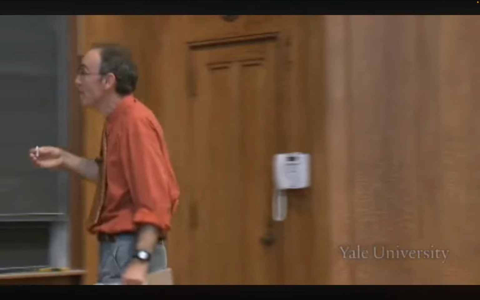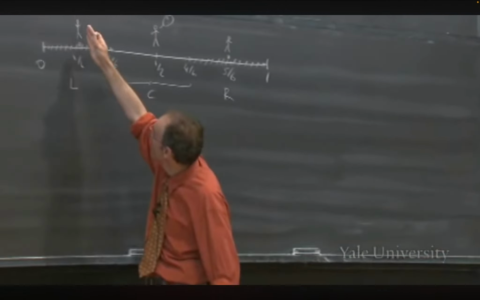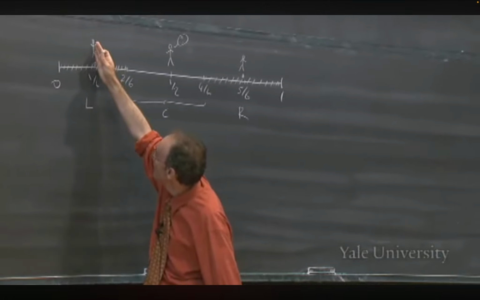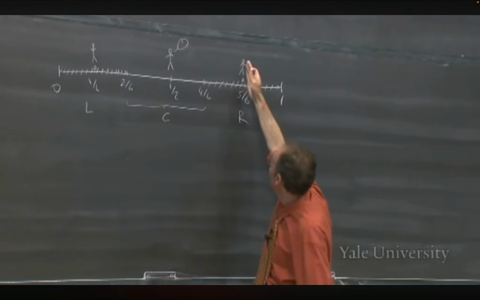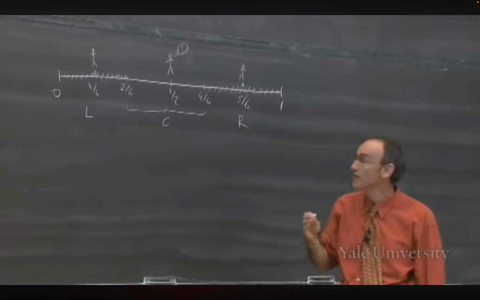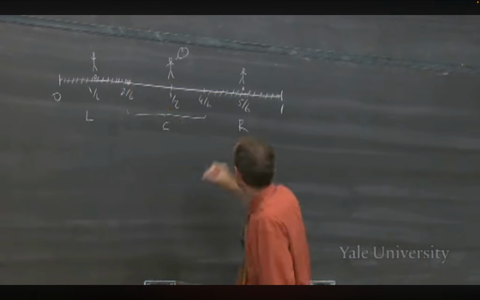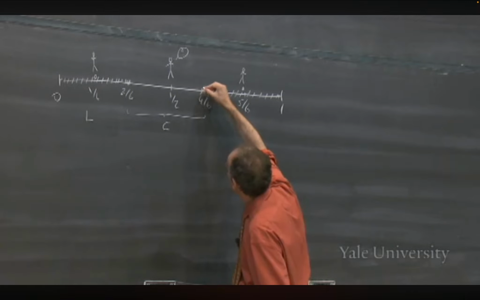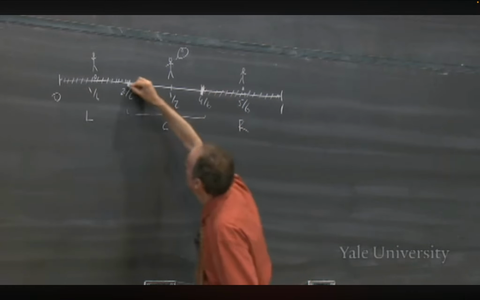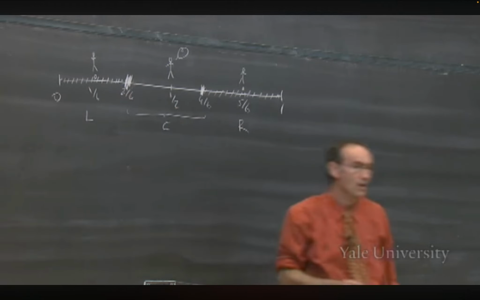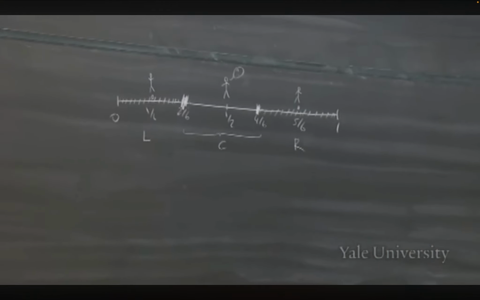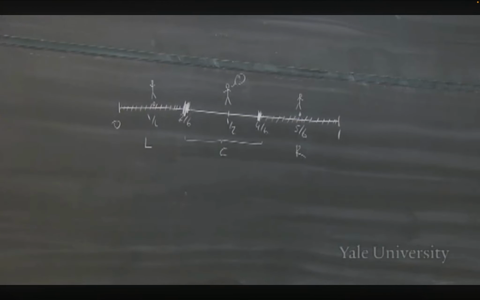But without worrying about that exact case, suppose, as I claimed, that the left-wing candidate is just slightly to the right of a sixth, and the right-wing candidate is just slightly to the left of 5/6. Now, this left-wing candidate gets a few extra votes here, and the right-wing candidate gets a few extra votes here. And you can see now that the center candidate isn't going to win, because the left-wing candidate's getting slightly more than a third of the votes, and the right-wing candidate's going to get slightly more than a third of the votes.